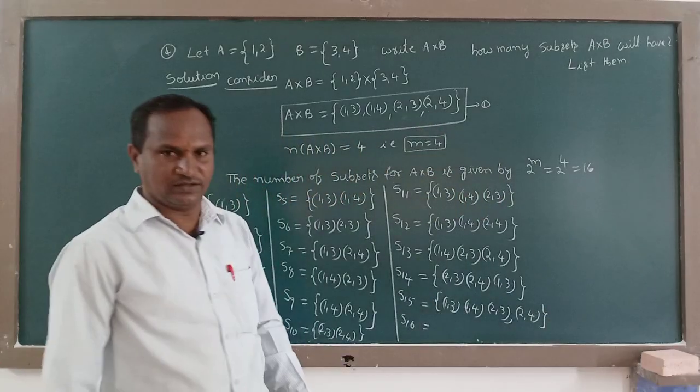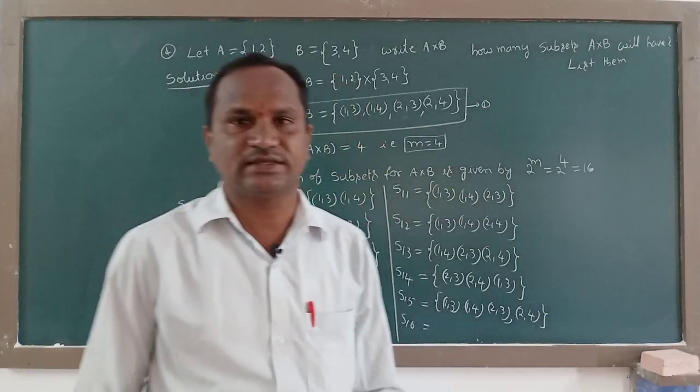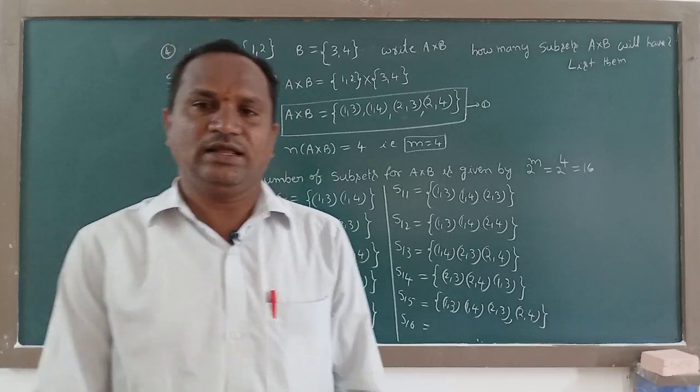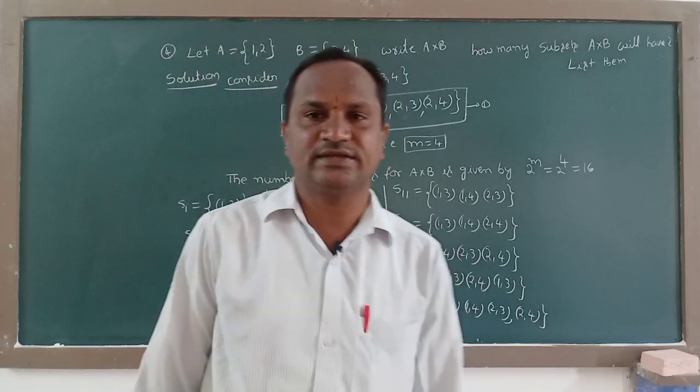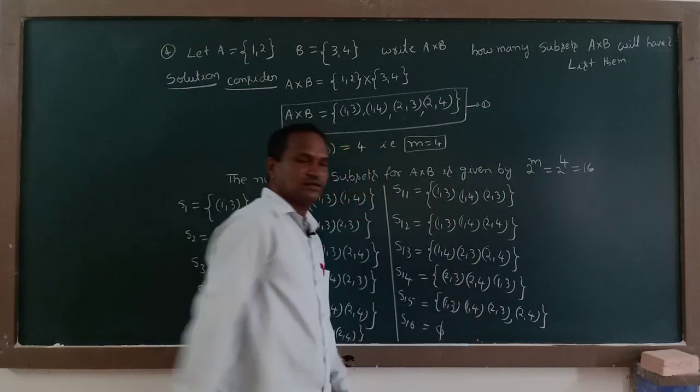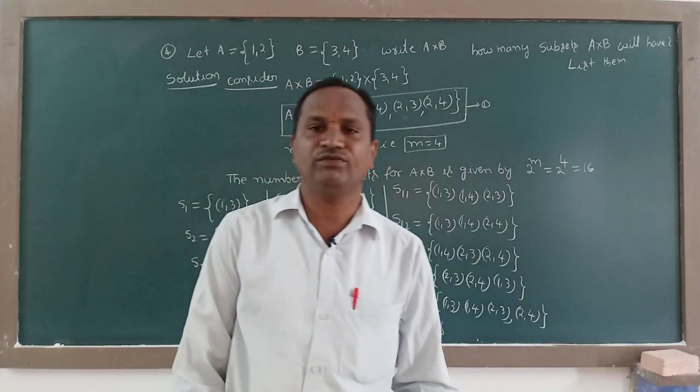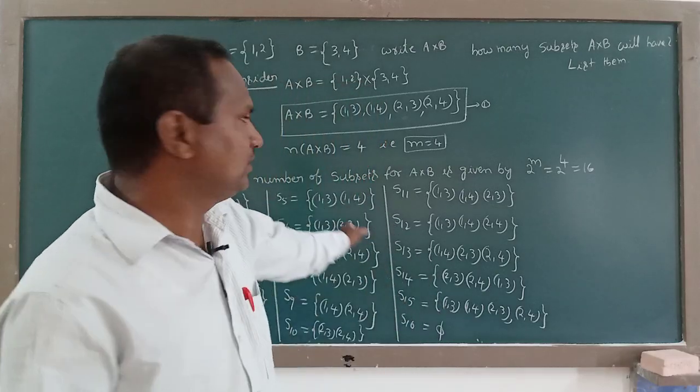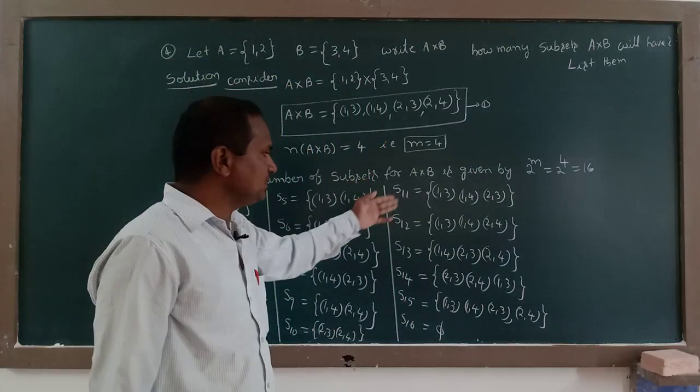Next, S16: the null set is a subset of every set. Like that, we got 16 subsets.